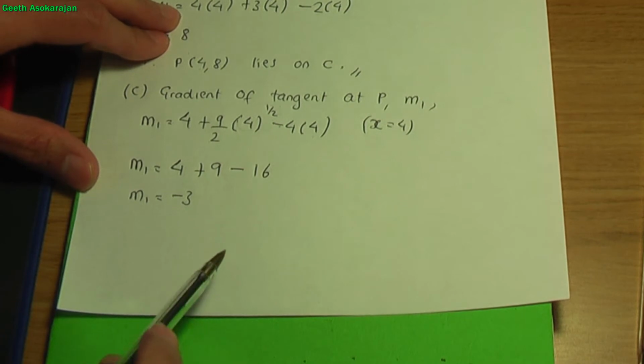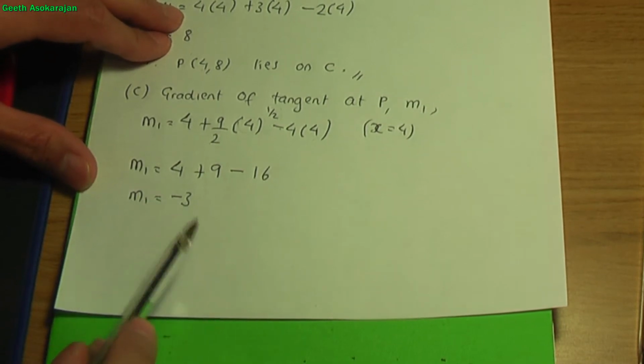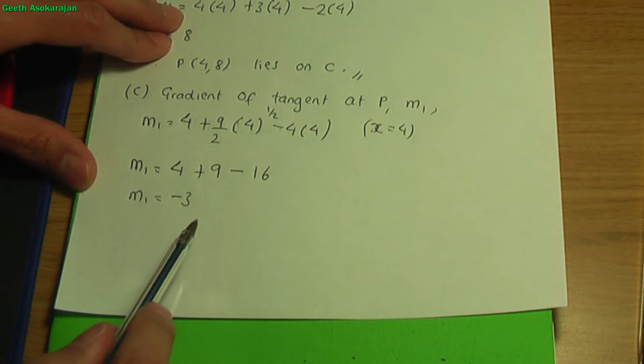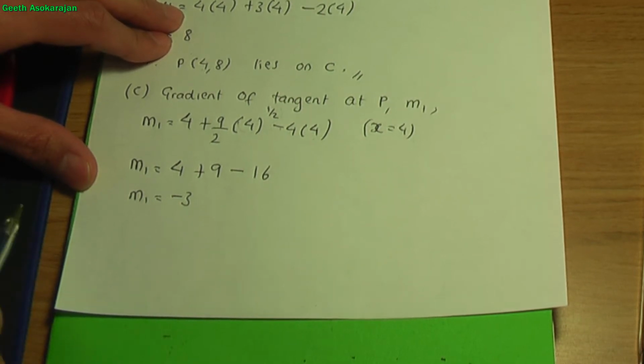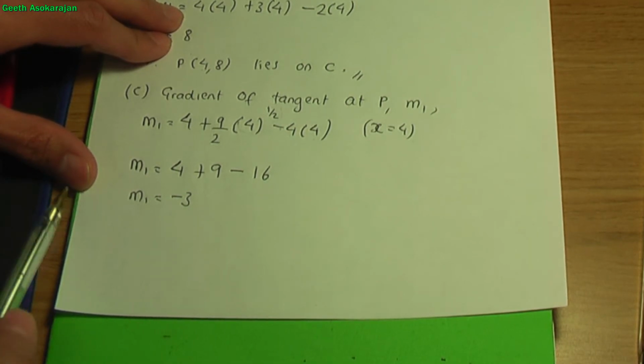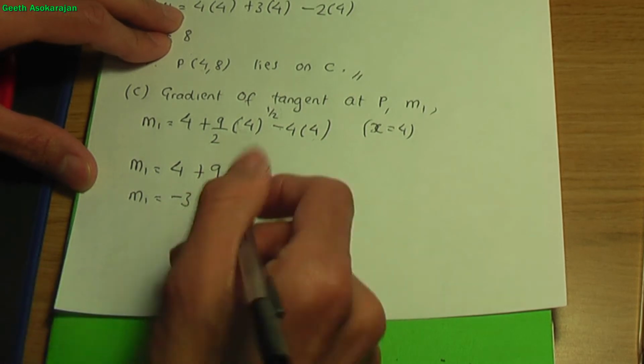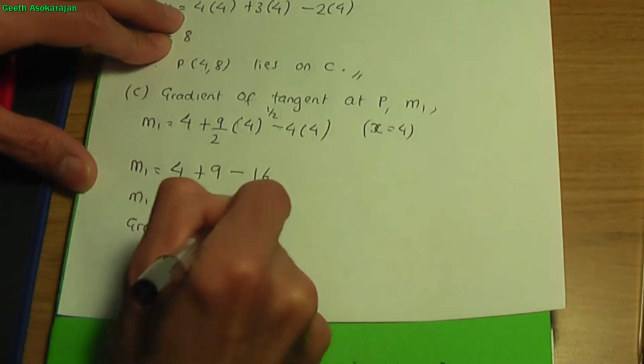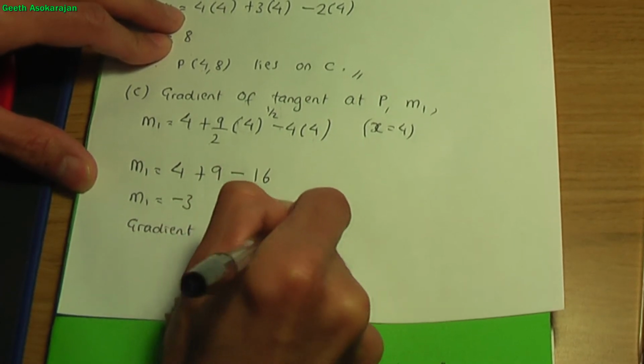Now, what is a normal? A normal is a line which is perpendicular to the tangent. We need to use the condition for two lines being perpendicular. For two lines to be perpendicular, the product of their gradients equals minus 1. So let's use that condition to work out the gradient of the normal.